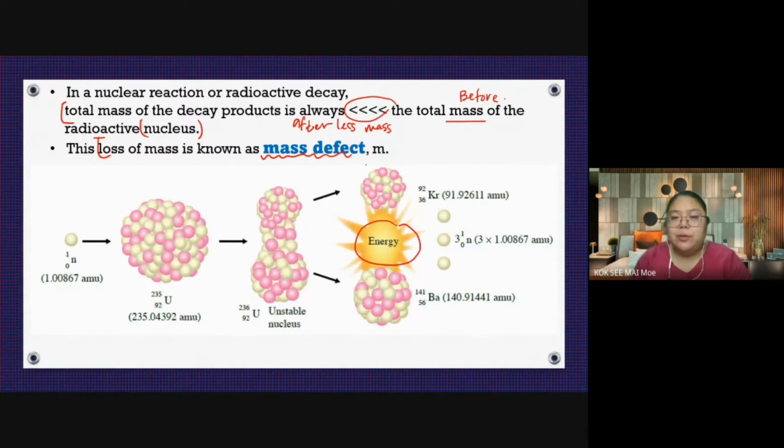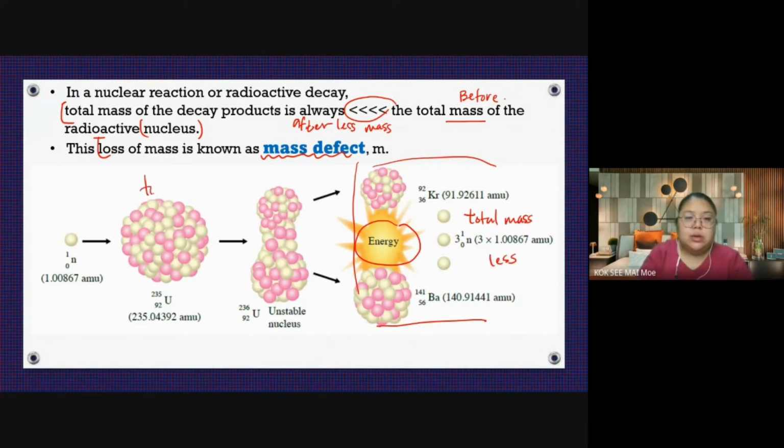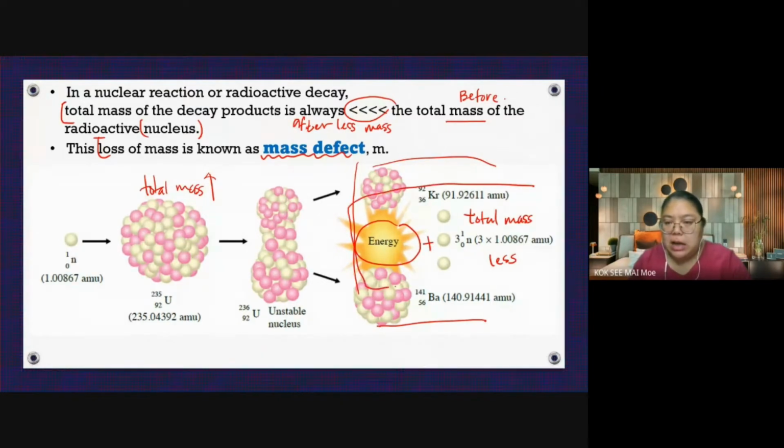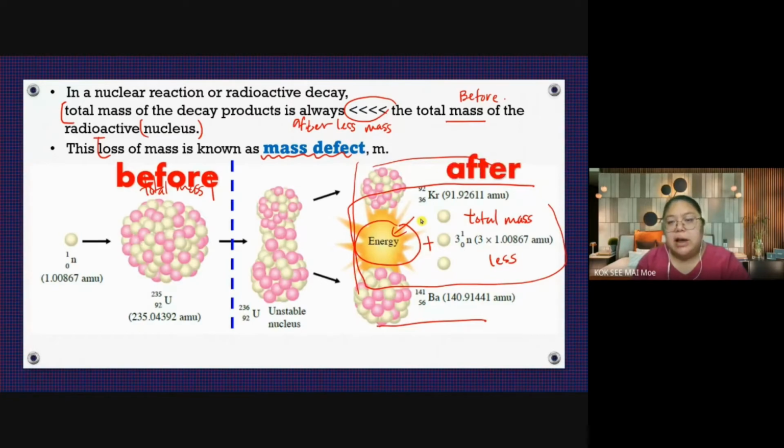So after that, the total mass is less. The total mass before must be a bit higher compared to the final, because you have energy. If I add them together, it should be equal. The question won't ask you to add together, they just ask why the total mass is less. Because some went into energy already. So this is a mass defect. This one is before, this one is after.